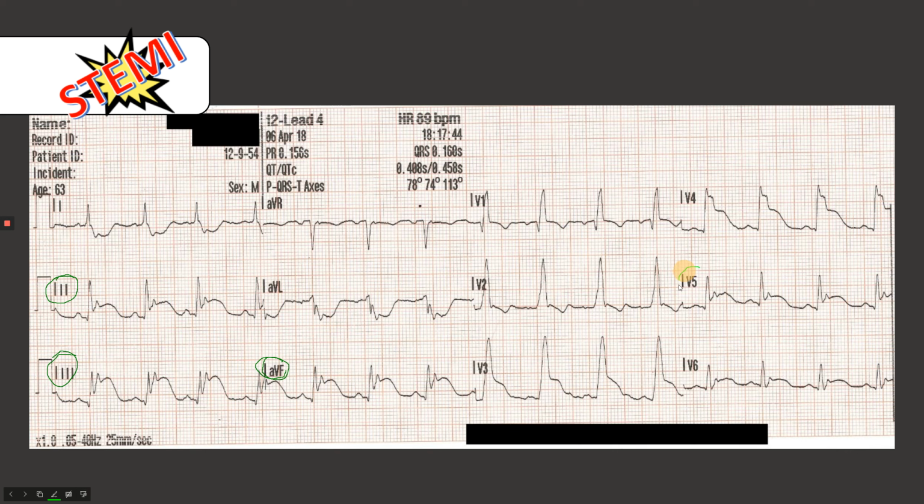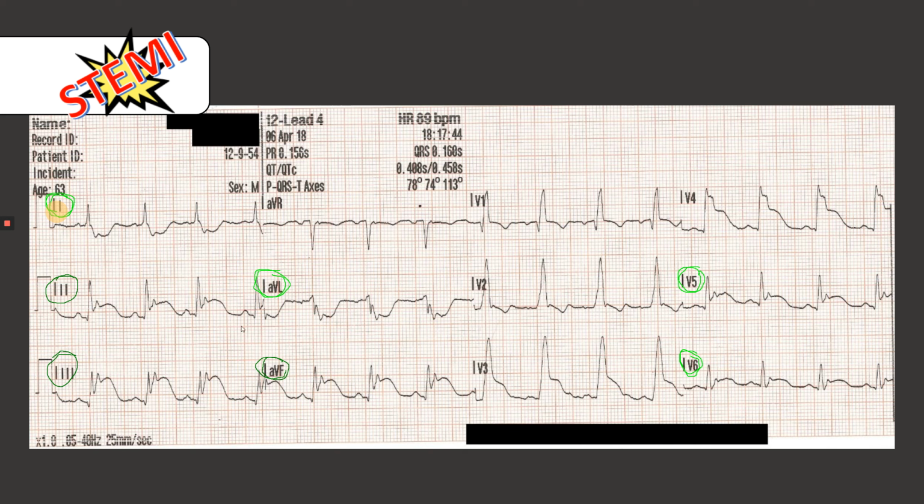So if you have an MI in the left circumflex, in these lateral leads, it'll start to die there first. And then that damage is going to bleed over to its neighbor eventually, okay? And the neighbor of the lateral is the inferior. So what you tend to see is ST elevation in the lateral leads, and you may see ST depression in the inferior leads. That's what we call reciprocal changes.